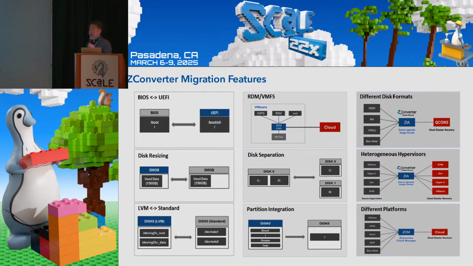Many people think the storage migrations could be the hurdle to convert the VMware virtual machine to OpenStack's virtual machine. But Z-Converter supports RDM or VVols or LVM migration to OpenStack, just like a block storage migration process. Storage migration is not an issue anymore.